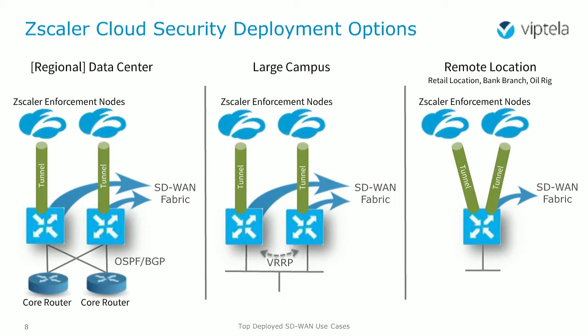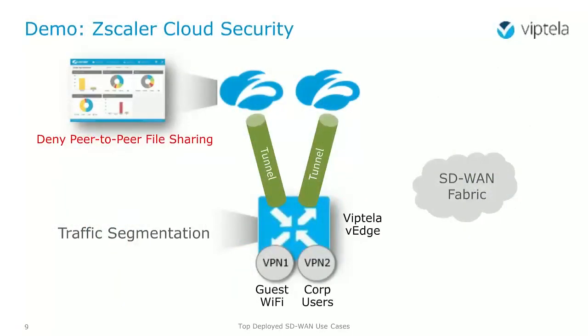Now, if we look at our specific demo in here, as I said, we are going to examine the branch office model, where we have two VPNs, VPN 1 and VPN 2. You can think about VPN 1 as something that services guest Wi-Fi users. You can see VPN 2 as something that services corp users.